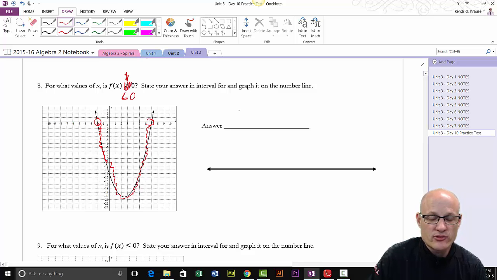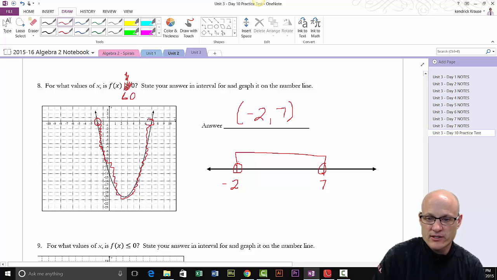So if I want to do that in interval notation, that would be negative 2, 7. Graphically, it would look like this. Negative 2, open circle, 7, open circle. And because it's in between, I connect the dots. I just didn't have a problem like that, so I want to show you, because the last one's kind of similar to the other two.